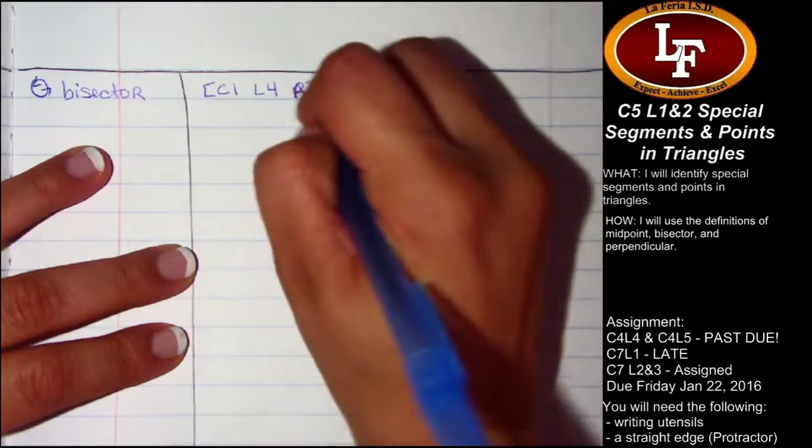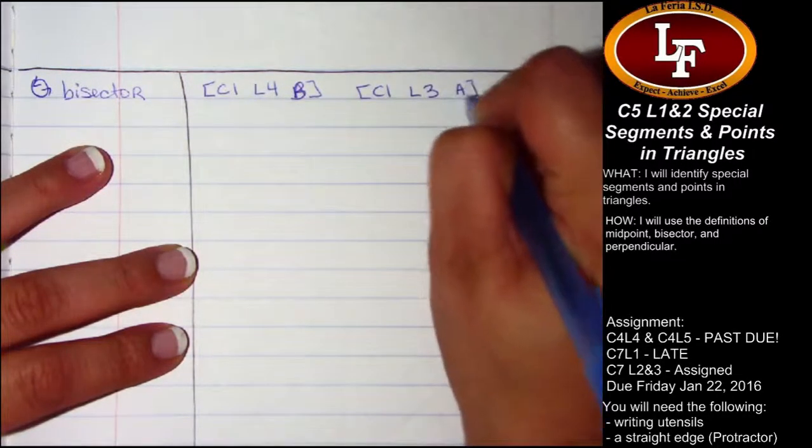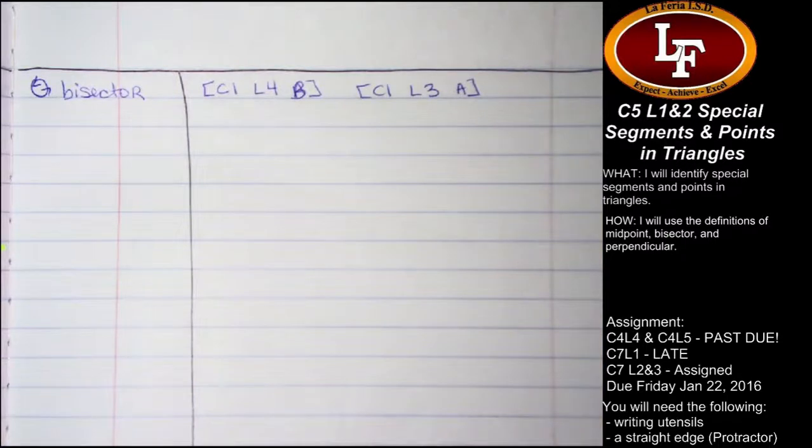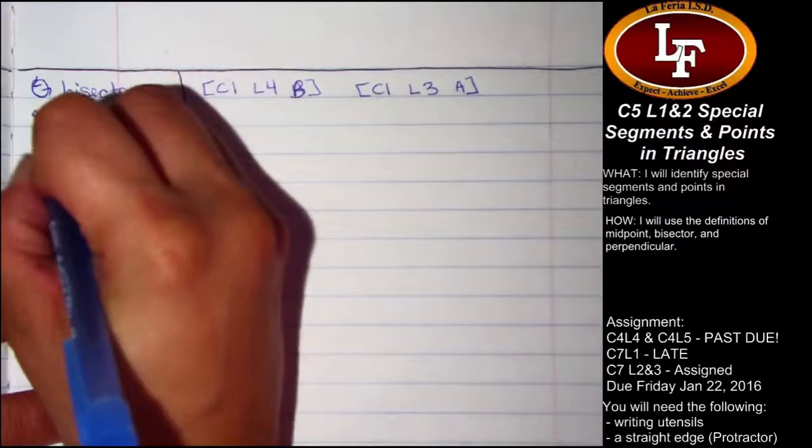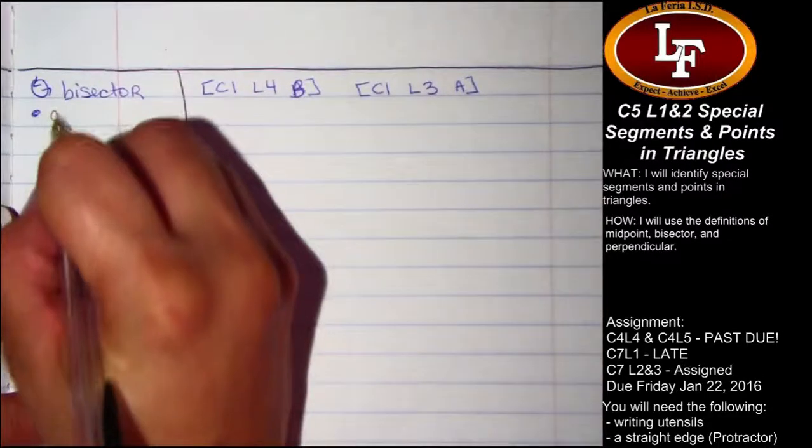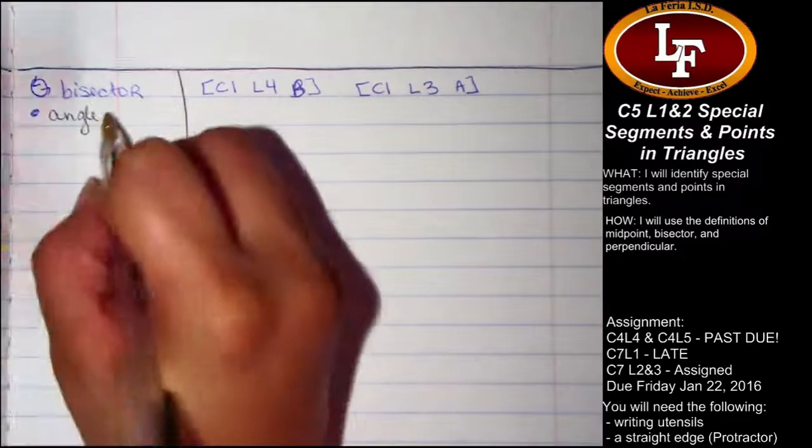What you're looking for on a bisector is something that's going to cut something else into two equal pieces, two congruent pieces.